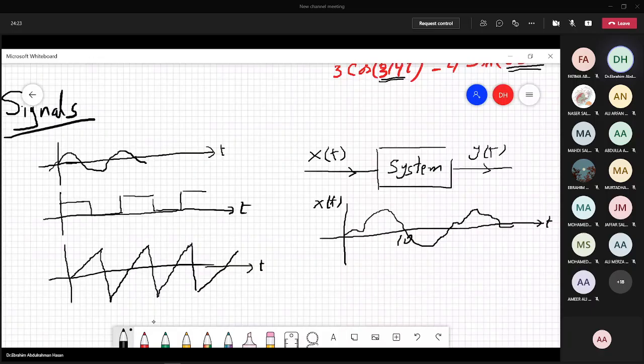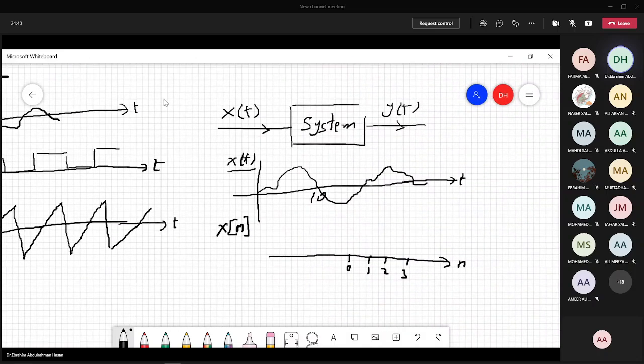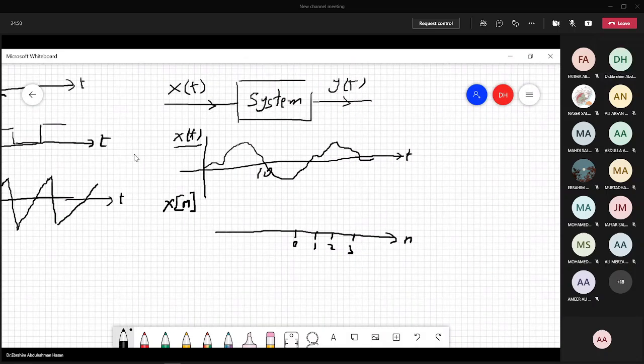Another type of signal is discrete. We put continuous as x of t, while for discrete we put it as x of n. It is defined only at integers: 0, 1, 2, 3, and -1, -2, -3.